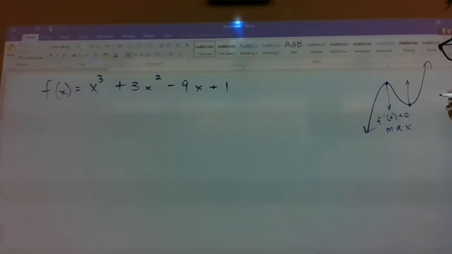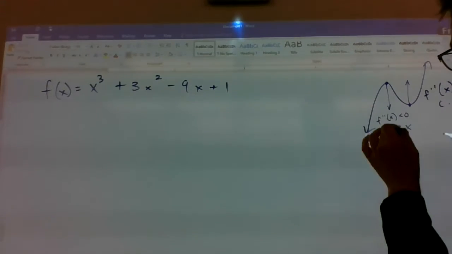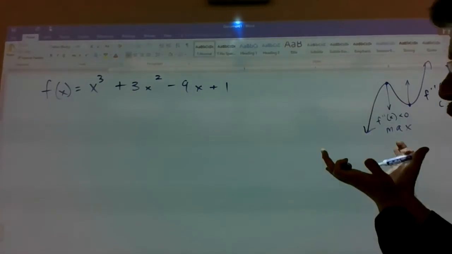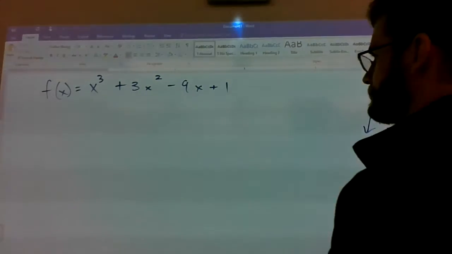Conversely, if the second derivative is positive, if it's concave up, you know you should have a min value, because it's got to be on the bottom pushing water up.